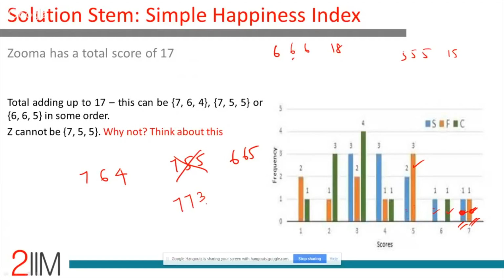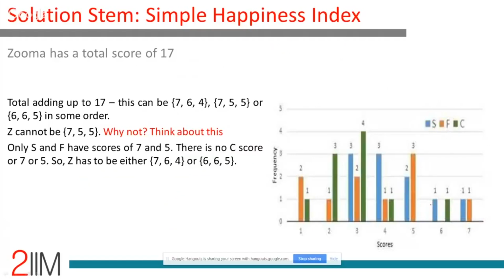So 7 7 3 is ruled out. 7 5 5 is ruled out because 5s and 7s are both from social support and freedom. So we got a 7 6 4 or a 6 6 5 for Zuma.